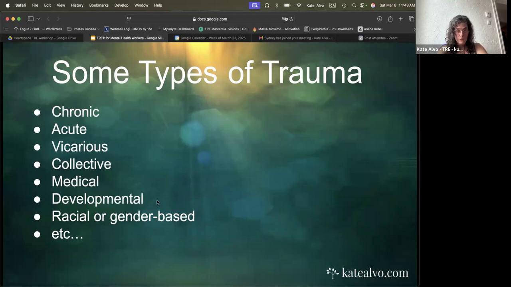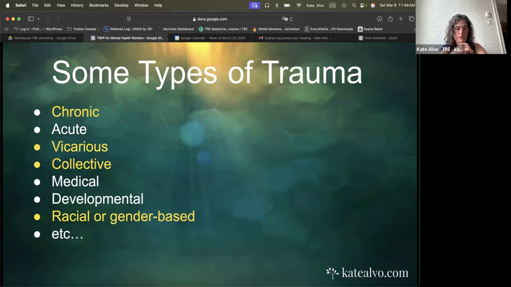So there's developmental trauma, obviously, and racial or gender-based trauma, and there are more. I thought the relevant ones for this conversation were these. I left in racial or gender-based because of the makeup of Heartspace in terms of who is working there, but also in terms of who you're supporting.